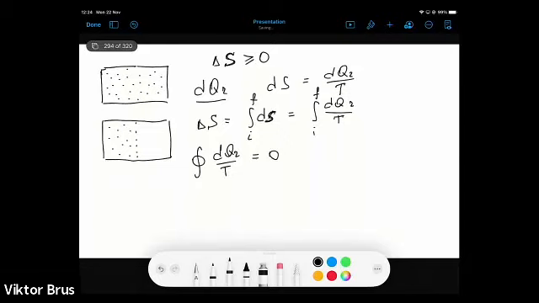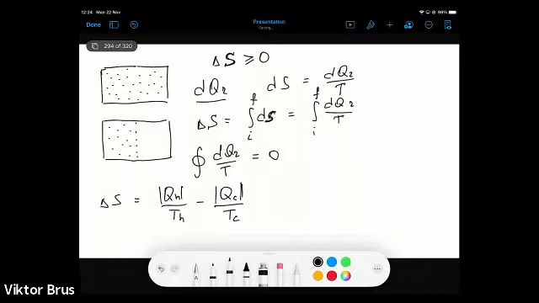So if we define this for the Carnot cycle, we can show the following. The change in entropy should be equal to the absolute value of QH divided by the temperature of the hot reservoir, minus QC, which is the heat expelled to the cold reservoir, divided by its temperature.